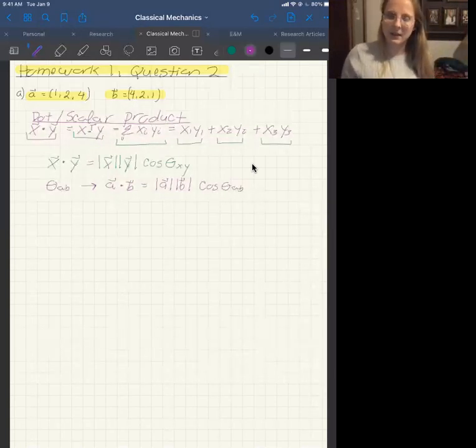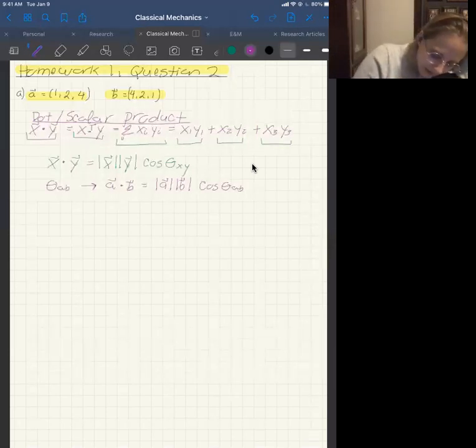So first let's calculate the dot product. The dot product of vectors A and B is equal to the dot product of vector 1, 2, 4, dotted with vector 4, 2, 1.